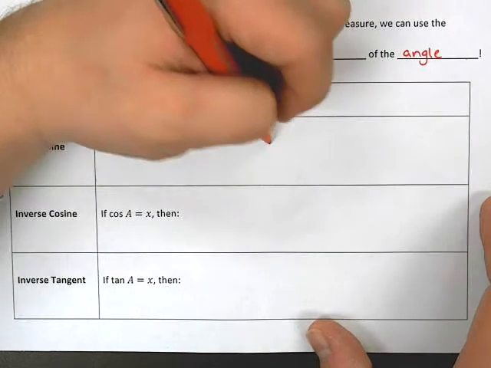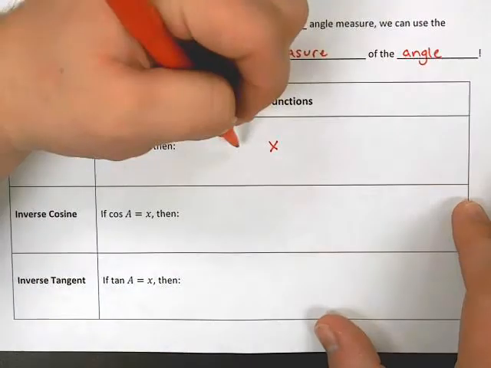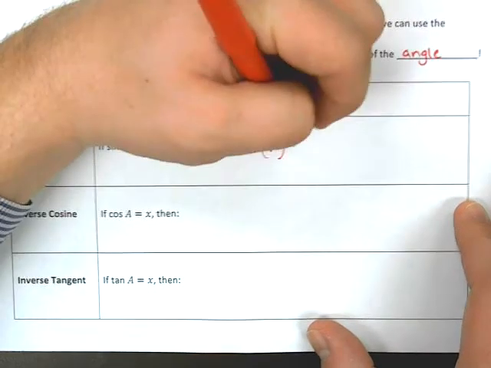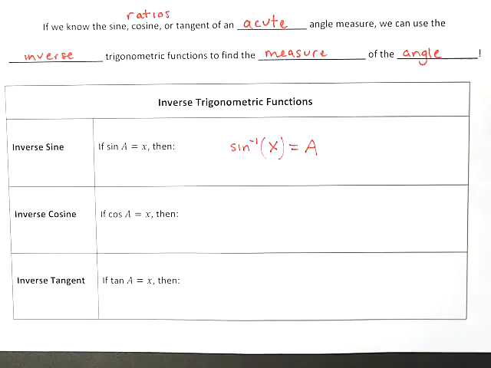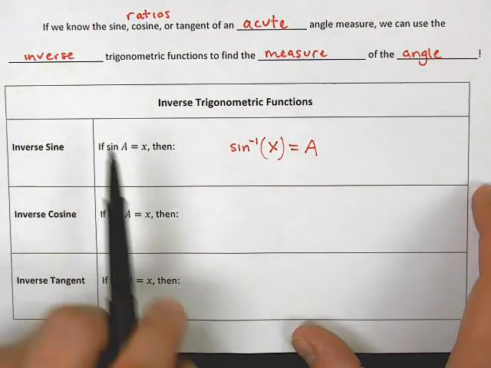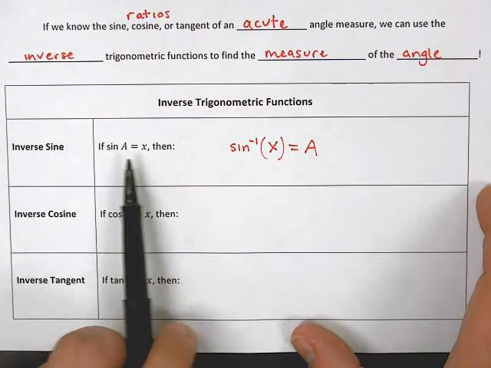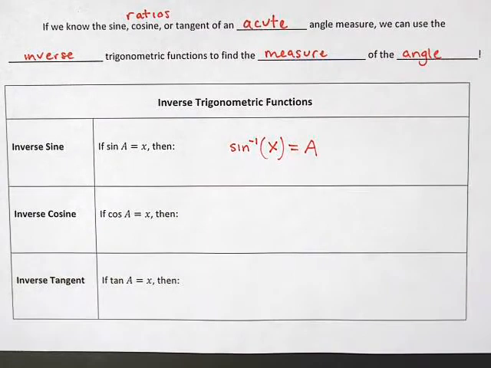Now I'm saying we have the ratio, and I need to take the inverse sine of that ratio to get the angle. If you notice, the spots just kind of flip-flop, right? We rewrite it where our angle and x, or ratio, in this case, switch spots, and of course we had to change from sine to inverse sine.